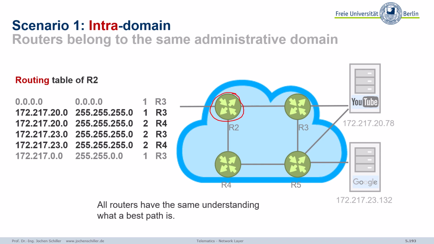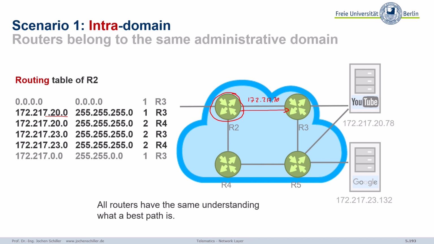As you see, for certain networks, if you go, for example, in the direction of 172.20, then you see it goes via router 3. That's the preferred route, for example.